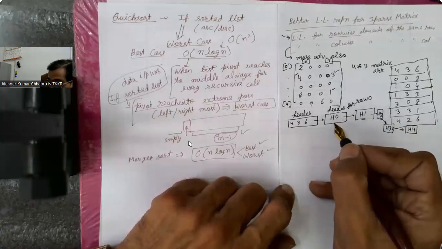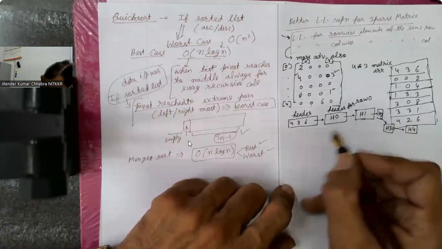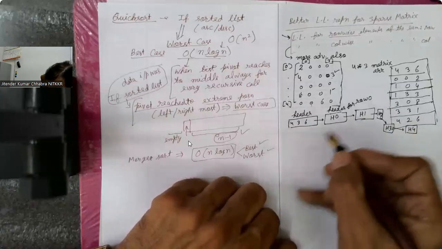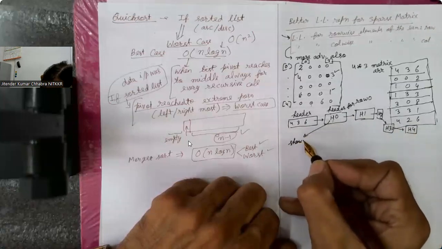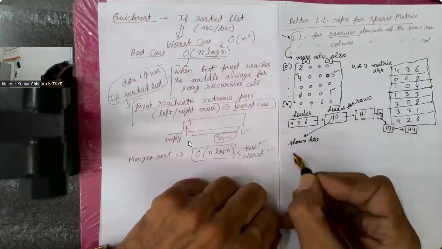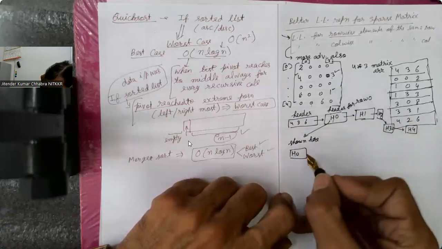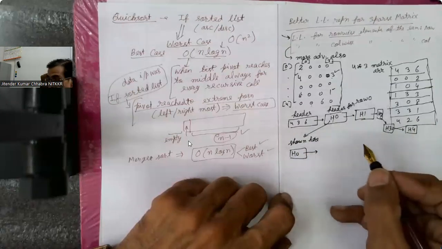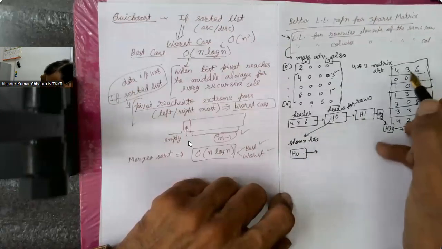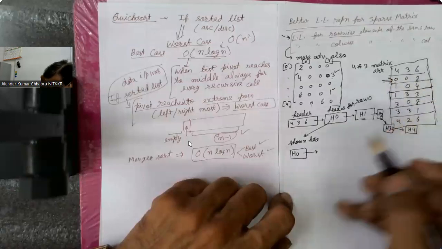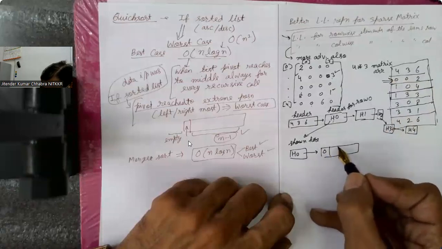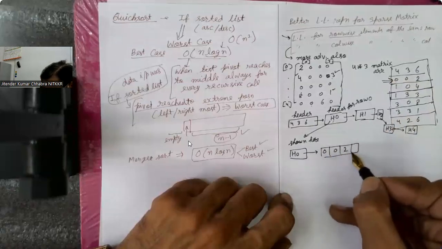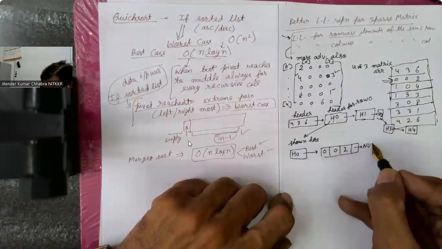So header node 0 effectively will have all entries corresponding to row 0. Row 0 has only one value, so it will have this node 0, 0, 2 and maybe null.